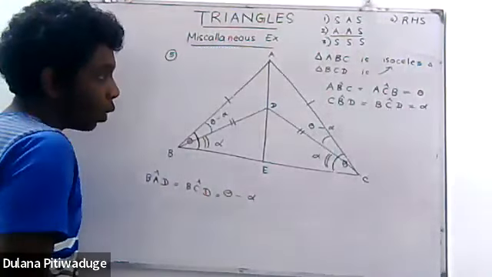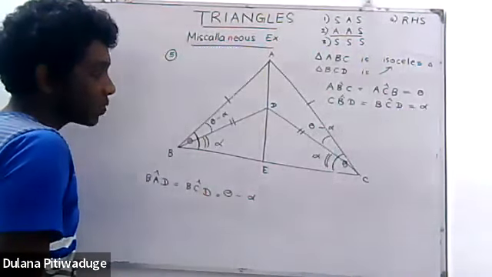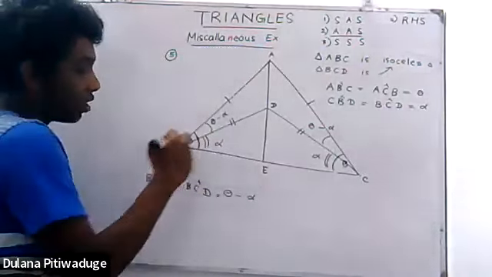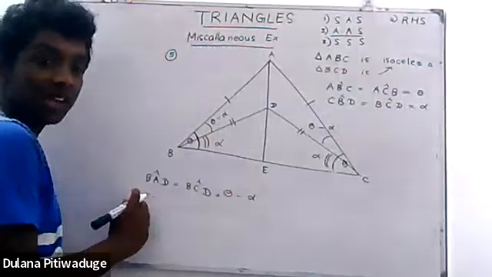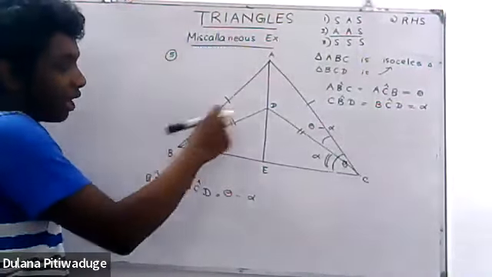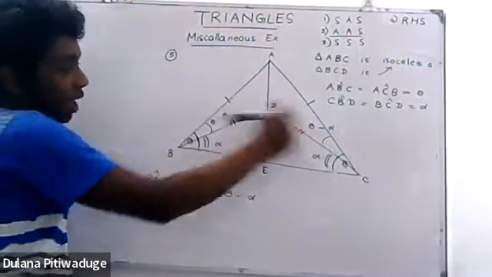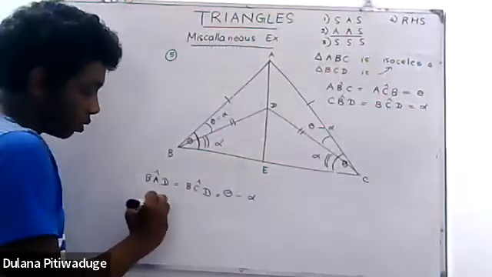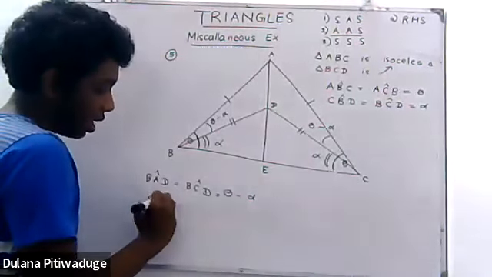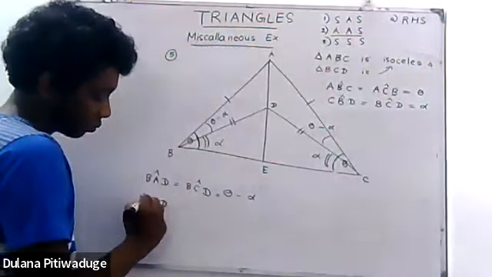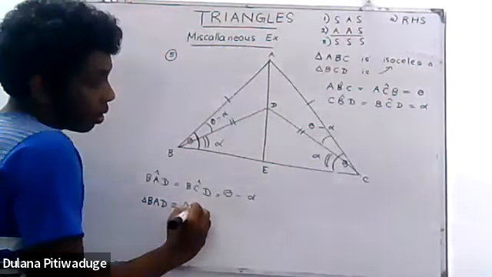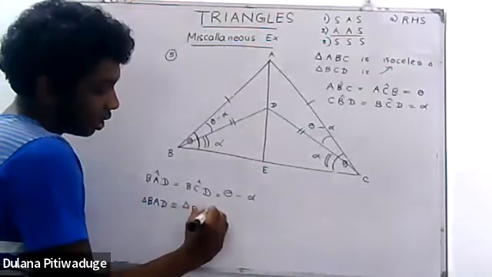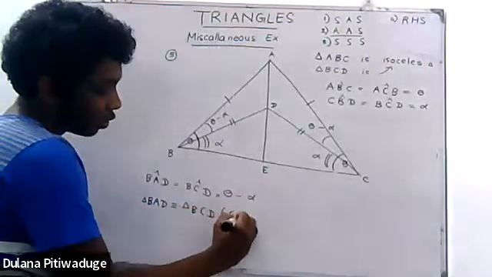Right? Now, from that case, we can say that the triangles ABD and ACD are congruent by the case SAS, side, angle, side. The included angles are equal. So, triangles BAD is congruent with triangles BCD by the case of SAS.